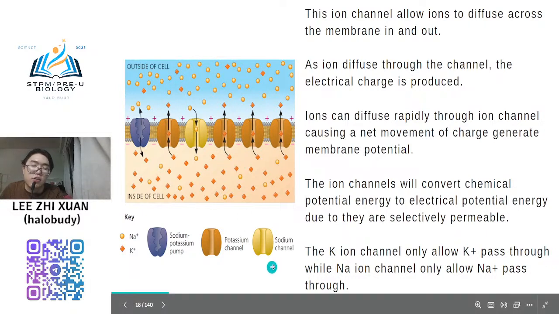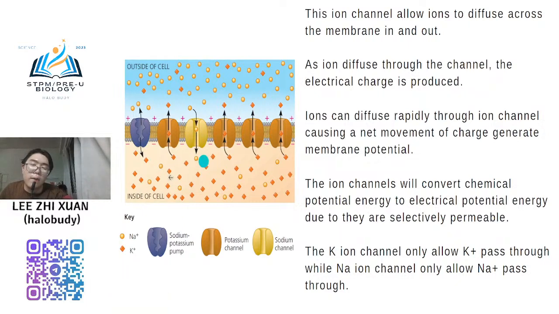You know that potassium and sodium ions are both positively charged, and in resting potential, inside the cell, within the axon, should be negatively charged. Resting potential must be negatively charged.